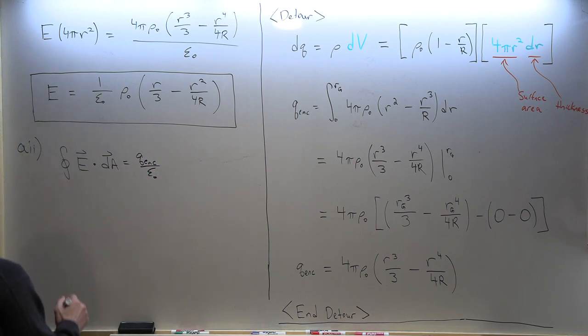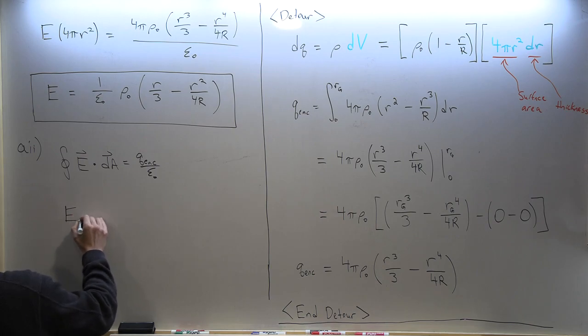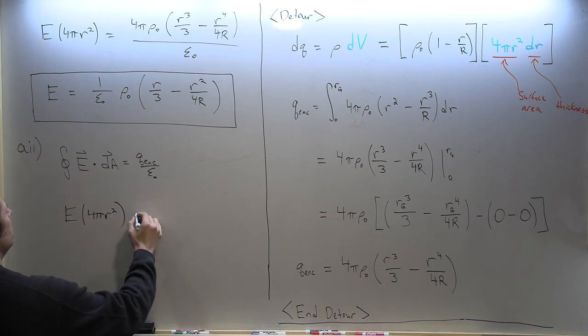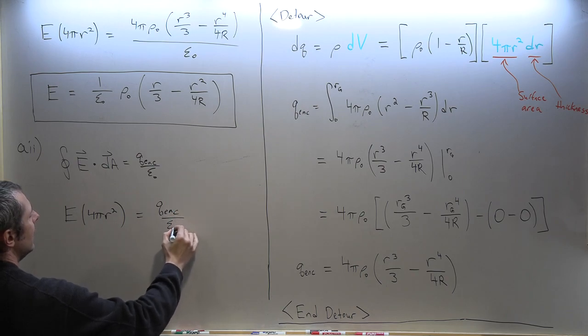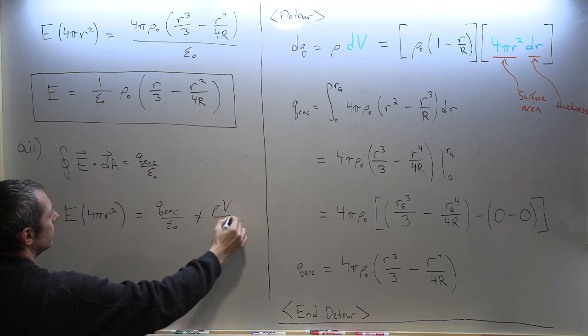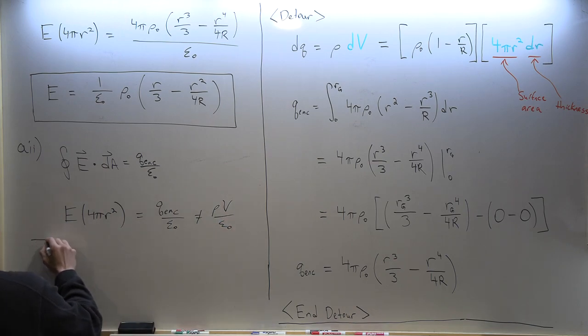So the left side of Gauss's law, once again, becomes E times the surface area of a sphere. But this side, once again, we're stuck because we cannot use rho times volume. So we need a detour again.